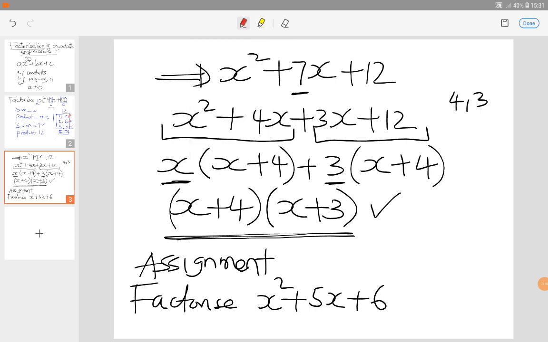Once you are done factorizing, check with yourself whether you are getting these answers. Your answer should be x plus 3 and x plus 2. If you don't get x plus 3 and x plus 2, you can check the next video. I'll have tackled this expression there.